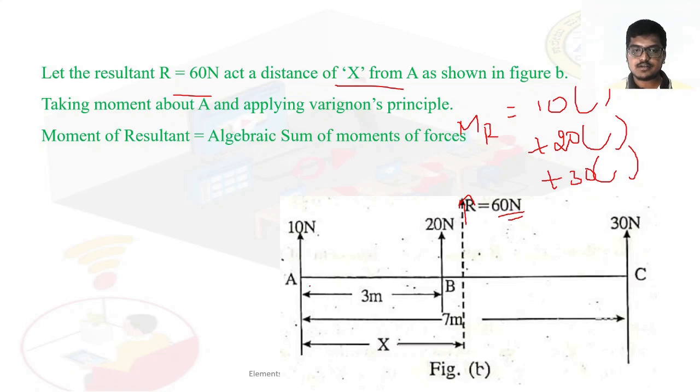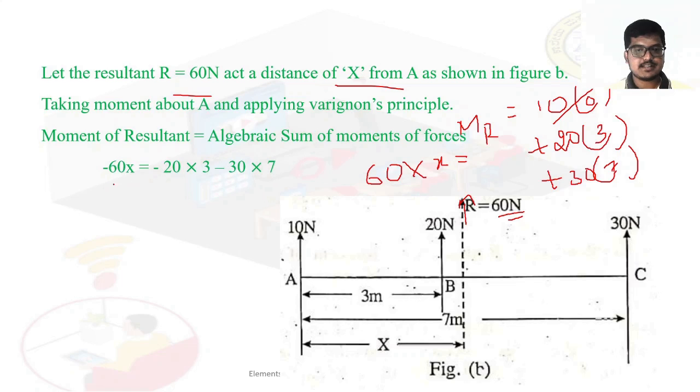About A, the distance of 10 Newton from A is 0, so it is 0. Then 20 into 3 meter. Next 30 into 7 meter, as A is at 7 meter distance. So 20 into 3, 30 into 7, which is equal to the resultant 60 into x. So 60 into x is equal to 20 into 3 plus 30 into 7, 3 sevens are 210, like that.